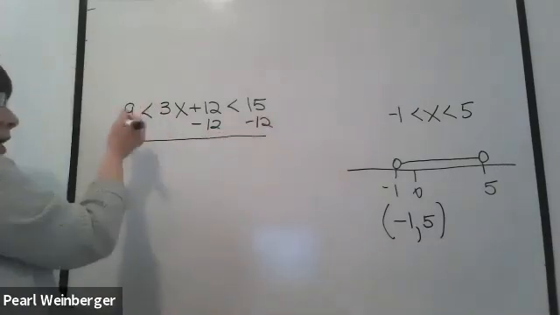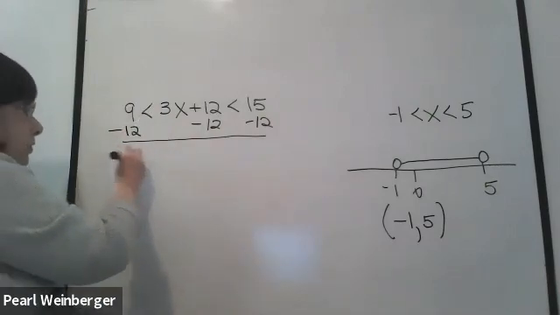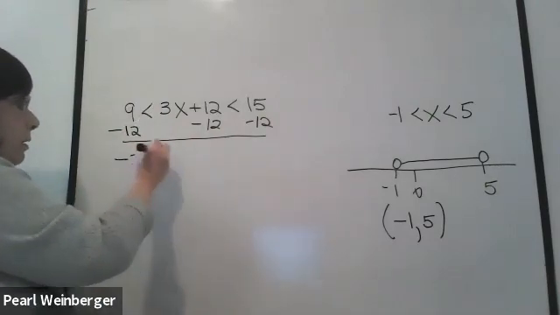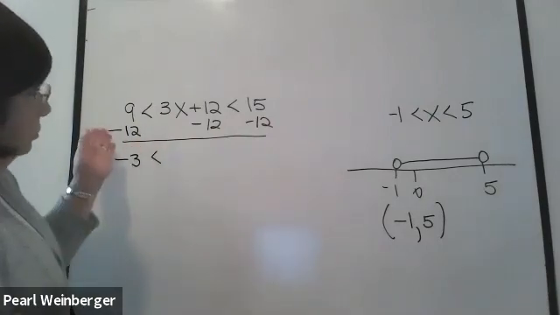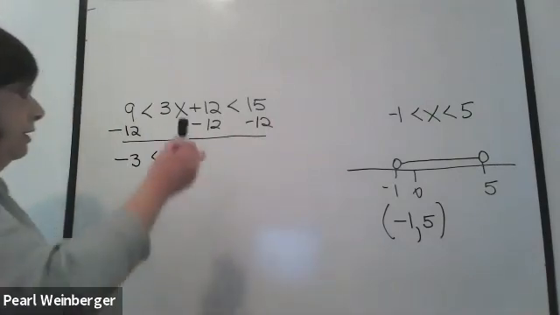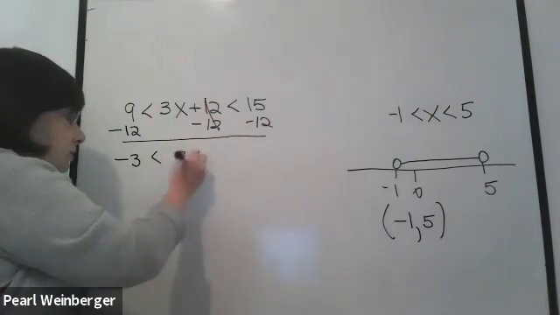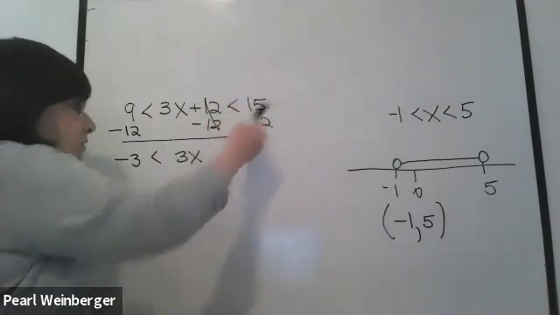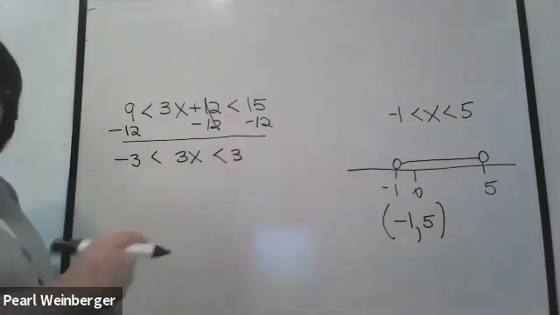Okay, and now I'm going to do this. 9 minus 12 will give me -3. I leave this sign alone because I'm just subtracting a 12, right? I'm not dividing or multiplying by a negative number. This leaves me 3x, and this is 15 minus 12, so that leaves me +3.